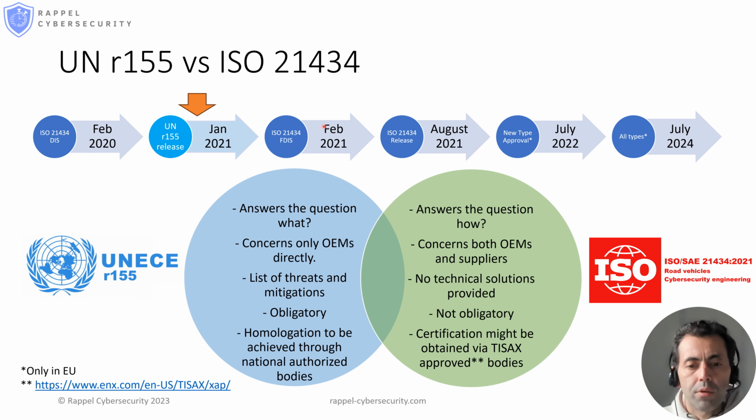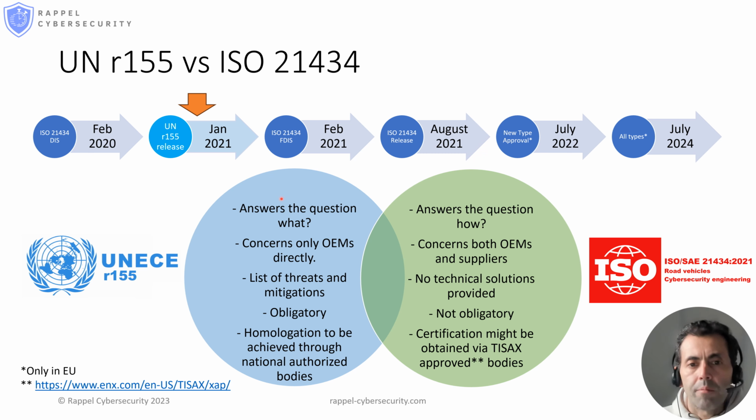But if you look at the timeline, the FDIS version of the ISO standard was released in February, just 1 month after the regulation, and the final was released in August, so roughly 7 months after. So we can say that at the time when the regulation was released, the ISO standard and the working group were sufficiently mature to support the development of the regulation.